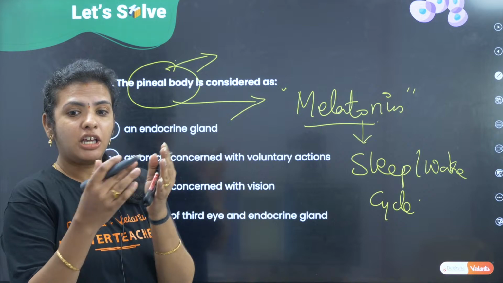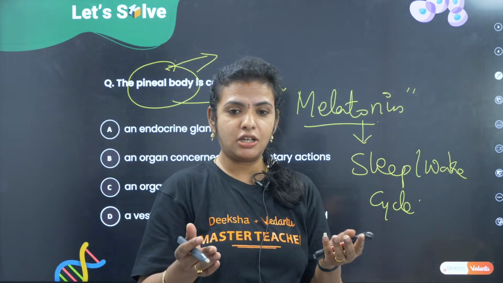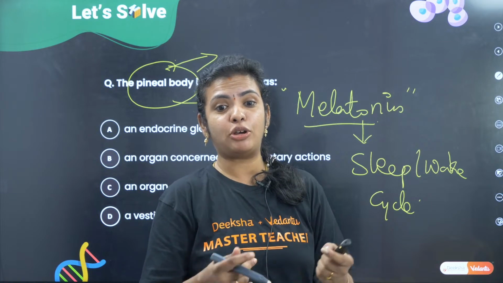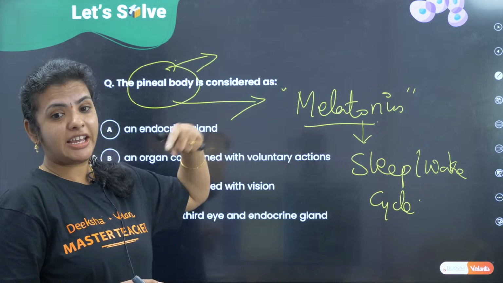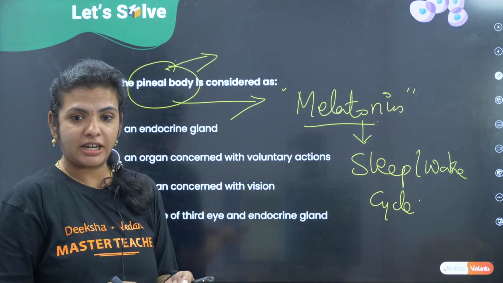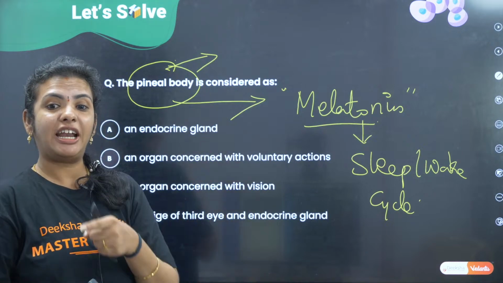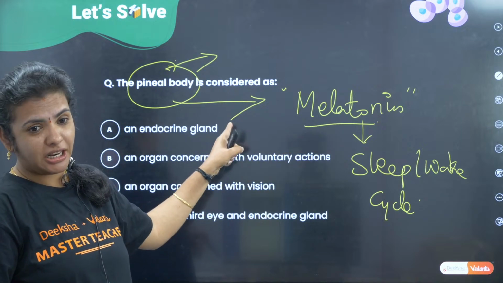If you consider a baby, they sleep throughout the night, correct? So they don't know which is day, which is night, because the gland is not very active. But here, I know that I have to wake up in the morning, I have to sleep during the night, and this is the circadian cycle which is being regulated by melatonin produced by the pineal gland.